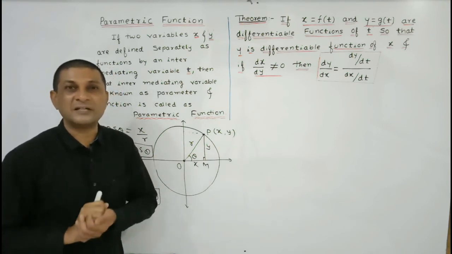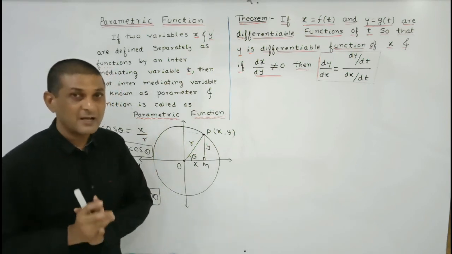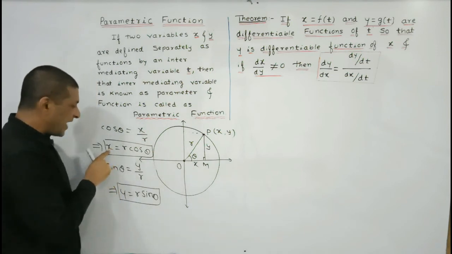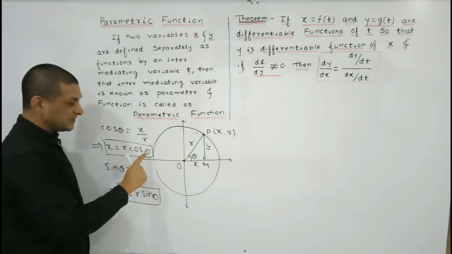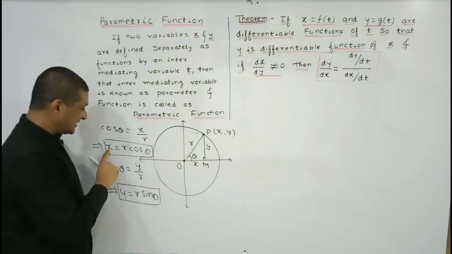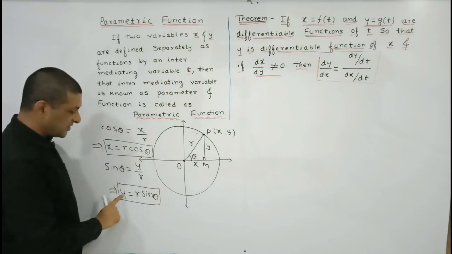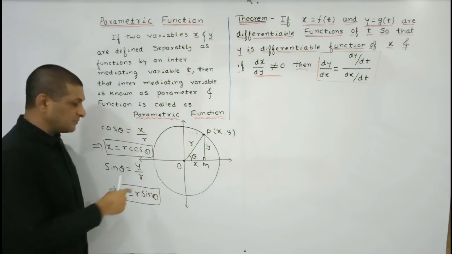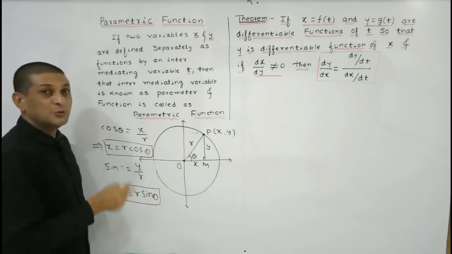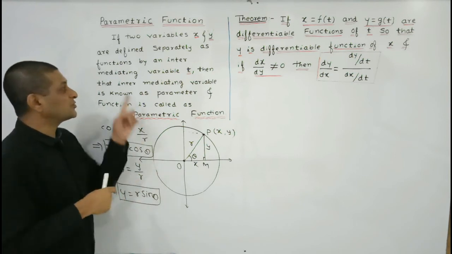That's why we can say that theta is nothing but a new variable. And here we can observe that the values of our original variables x and y are expressed in terms of the new variable theta. X is expressed in terms of theta and y is also expressed in terms of theta. At that time this theta is called the new variable, and this new variable is called what?